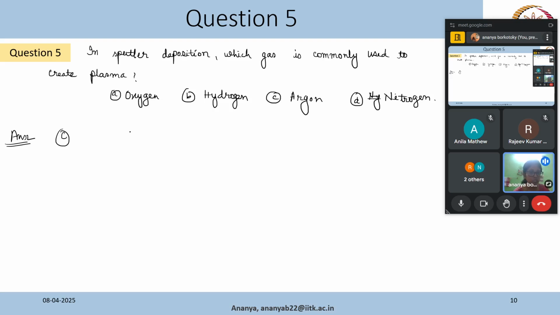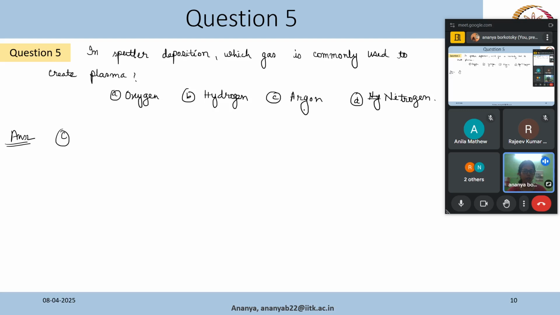Sometimes inside our sputtering system we will have multiple targets. We don't want any kind of contamination, and also in the film we are depositing and the target we are using, we don't want any contamination there. That is why we use argon, because it's an inert gas. Sputtering is a PVD technique, physical vapor deposition.